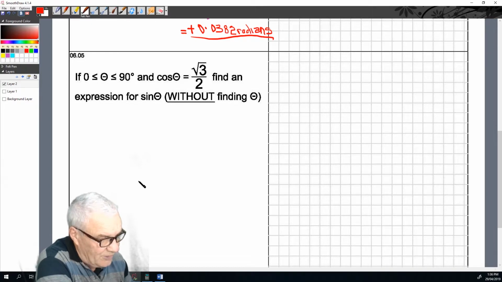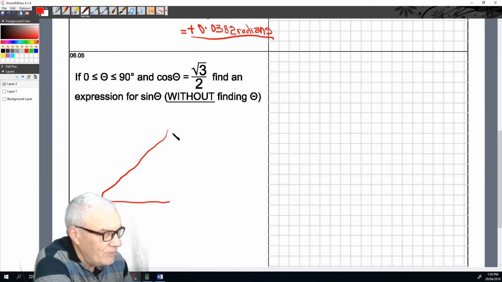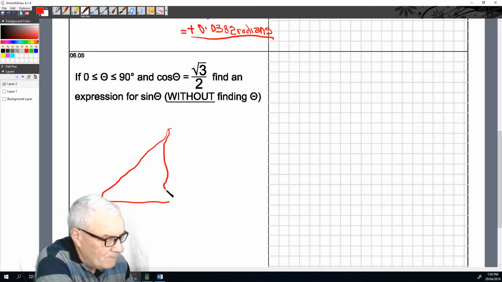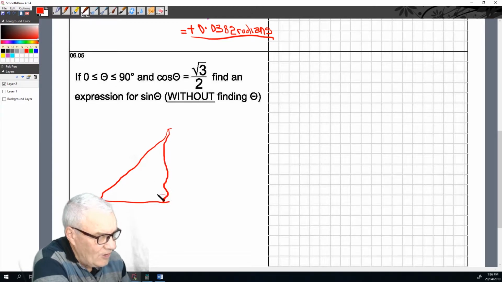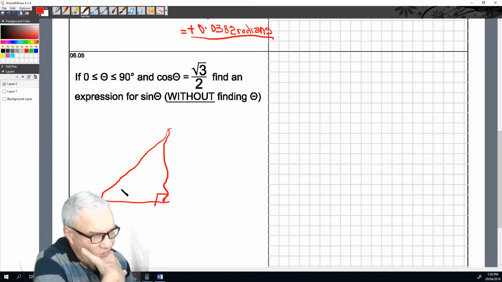Cosine works out a right angle triangle. So let's draw a right angle triangle, and that's going to be my right angle there. I'm going to write theta there.